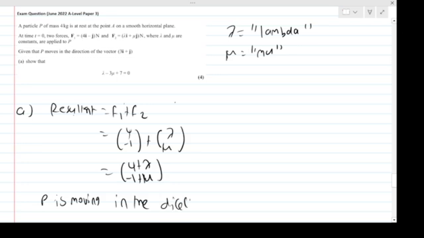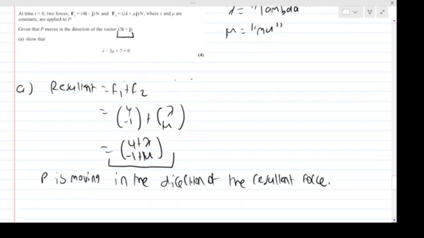But we're also told it moves in the direction of this vector. That tells me this vector has to be in the same direction as the resultant. In other words, the two vectors are parallel, so we could say that the resultant is parallel to this vector here.